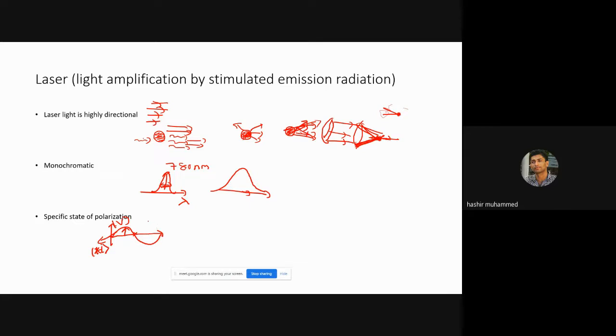So it is a specific state of polarization. It can be vertical alone. It can be diagonal. It can be horizontal also, like this. So this is mostly polarized light. I would say there is still some plus or minus part. Again, it is not strict. By the way, if you can make an LED also polarized, there's no problem in that. But I'm saying the laser is mostly polarized light.